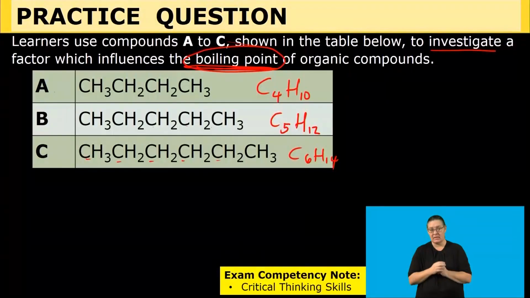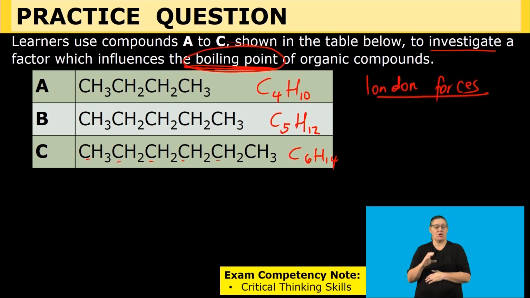So as the chain length increases within the same homologous series, there's going to be an increase in the strength of the intermolecular force that we find. Now, seeing that here, we are looking at the alkanes, that means all of these substances have just the London forces.